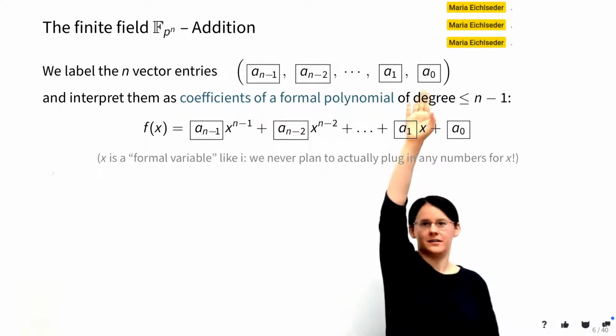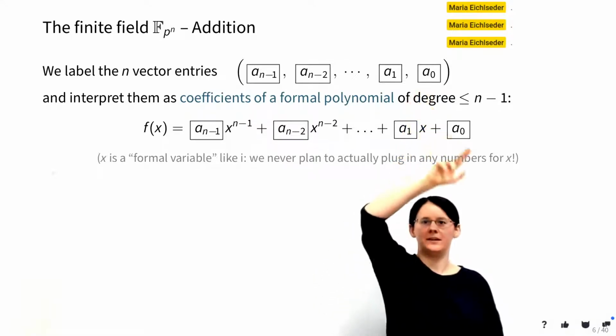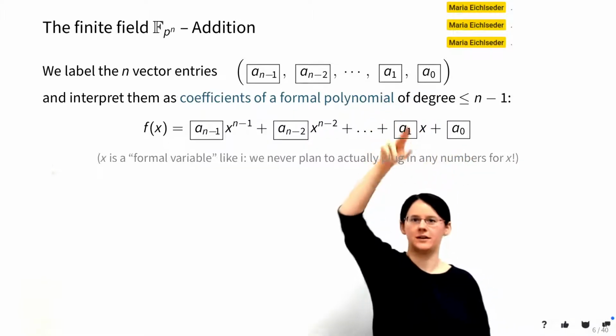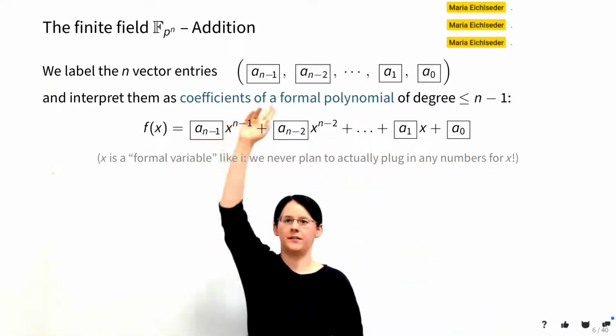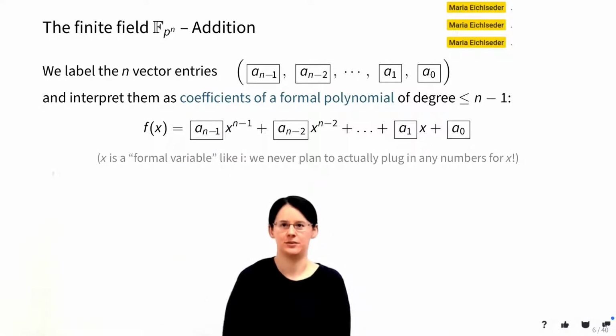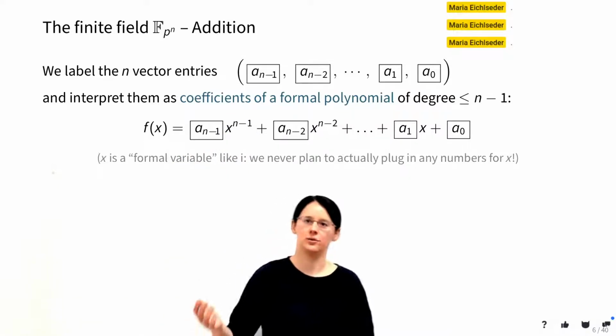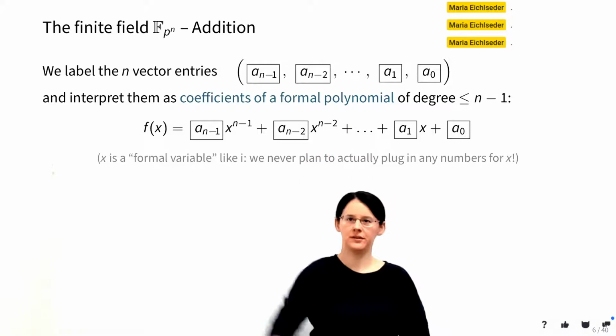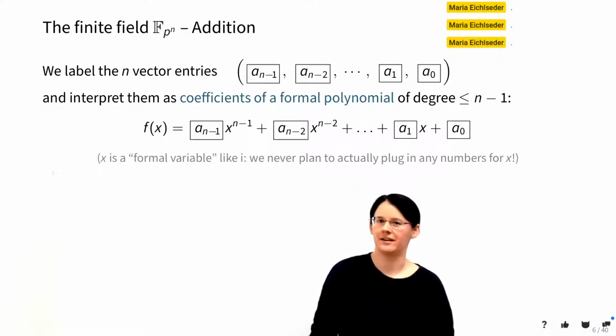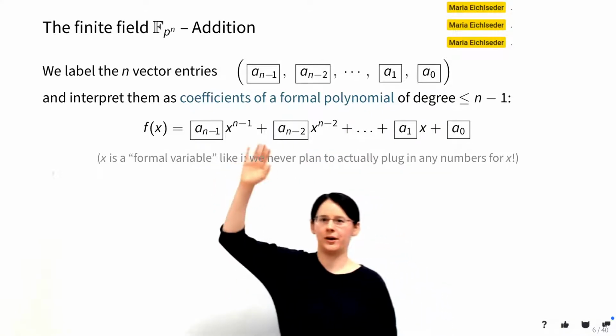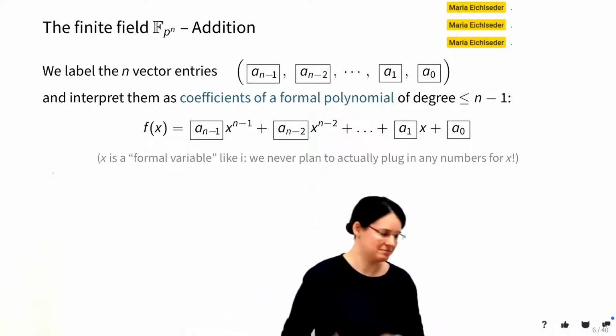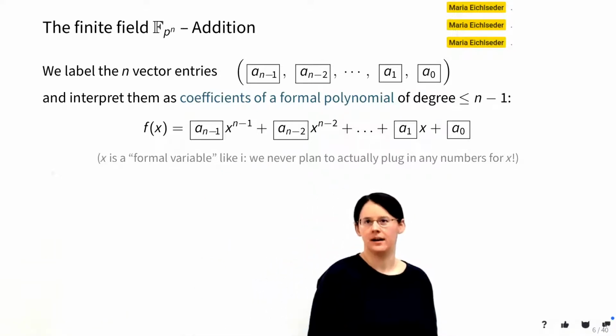So I interpret one of these elements of Zp as the constant coefficient, one as the linear coefficient, and so on, and the topmost one as the coefficient of x to the n-1. And I guess you see now why I ordered them this way around. This is because I prefer writing down my polynomials this way with the most significant exponent to the left.